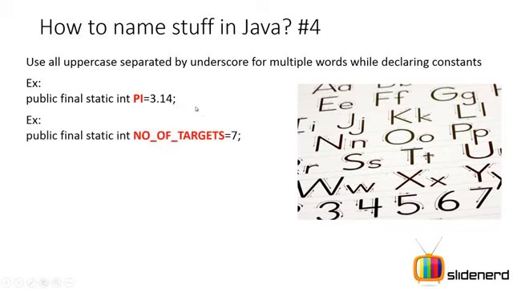Another example is NUMBER_OF_TARGETS. Notice here, there are multiple words. Since all of them are caps lock, I use underscore to separate the different words so that I can read them clearly. Now, if the final word and the static keyword don't make sense to you, don't worry about them. This is how you declare constants in Java, but I will explain the meaning of these two words in a later video in my playlist.